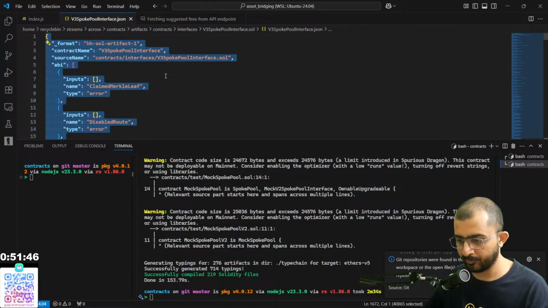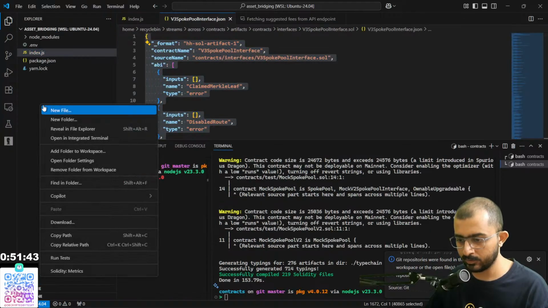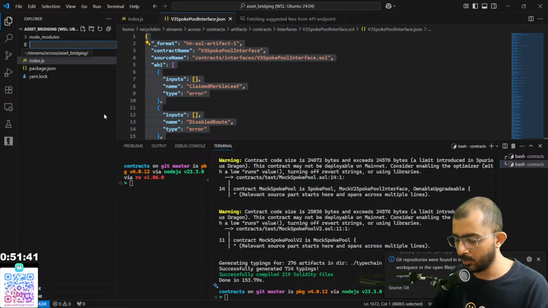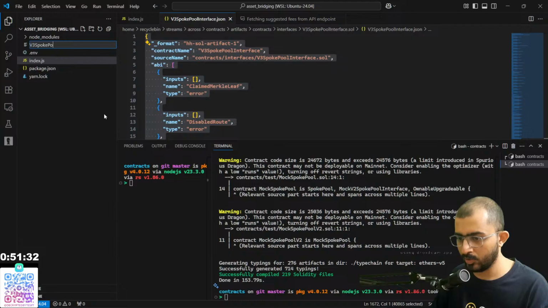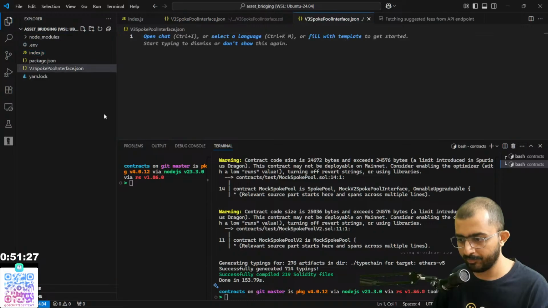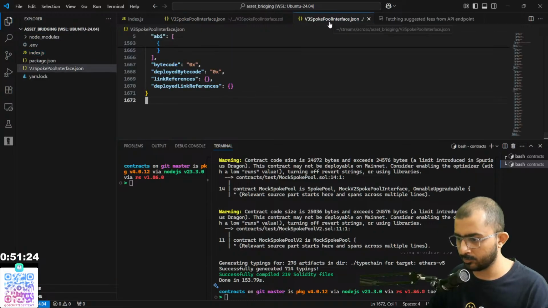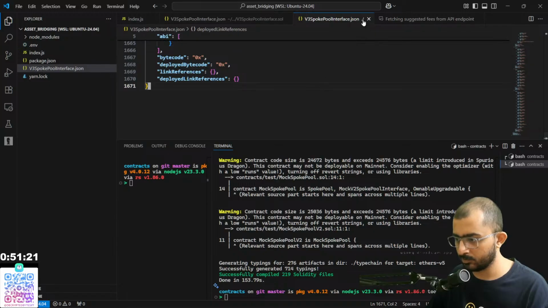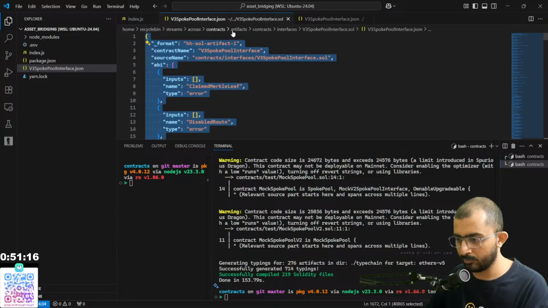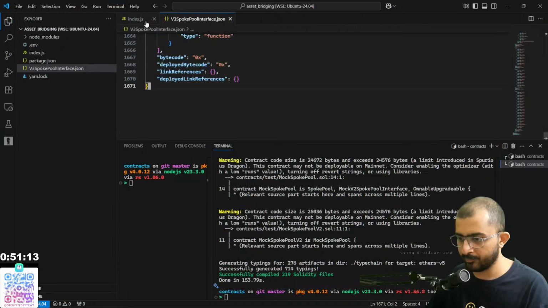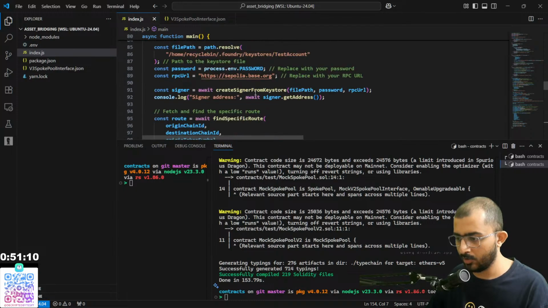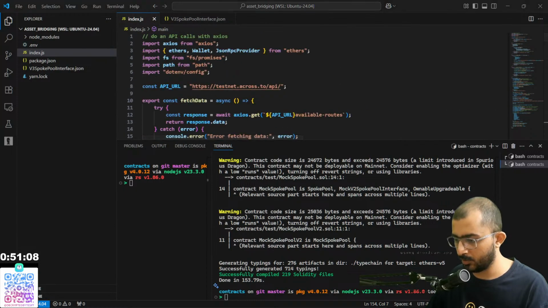Okay, new file, v3 pool interface.json. Okay, now we can import it straight away.